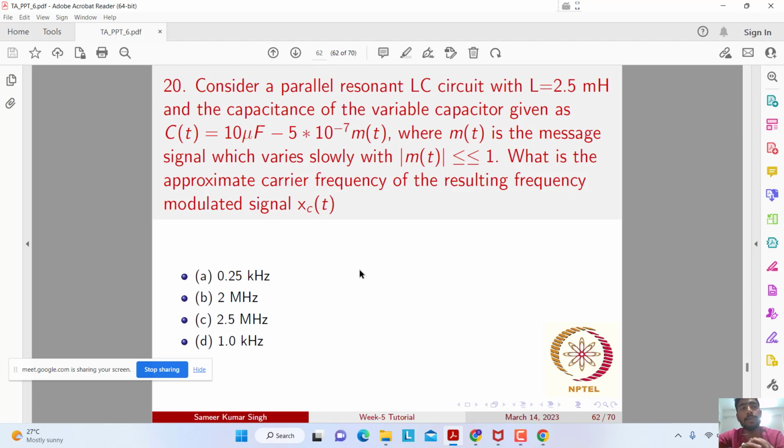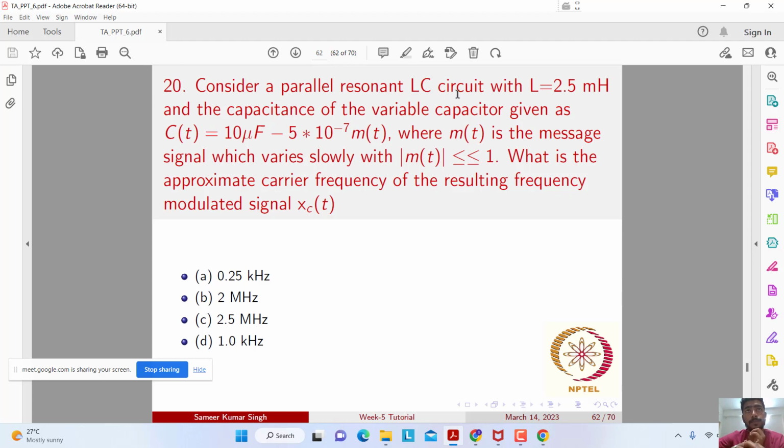I have to check it. I think we will see it. What is the right answer? I am repeating the question.